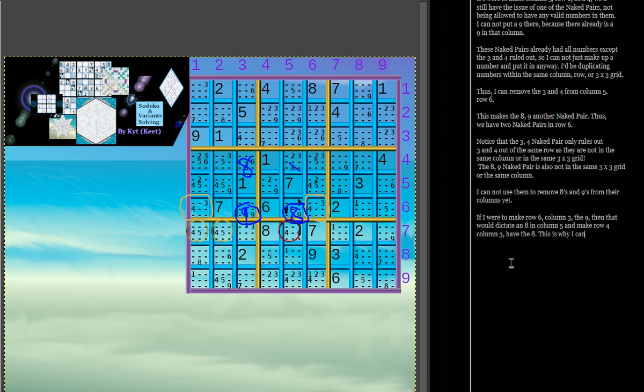This is why I cannot take out the 8 and 9 in the first 3 by 3 grid in rows 4 through 6, columns 1 through 3.